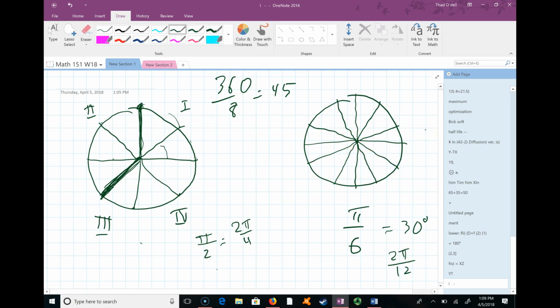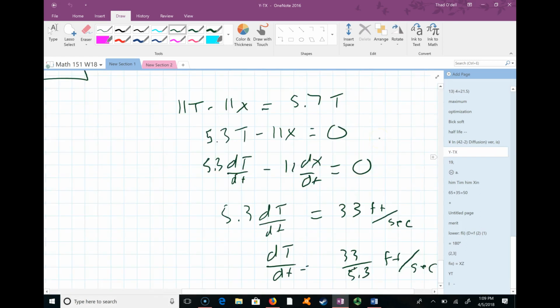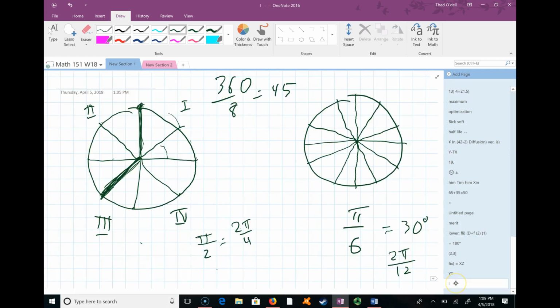So these are 12 evenly spaced, same size sectors, if you will. And each one of these angle rotations is pi over 6 or 30 degrees.